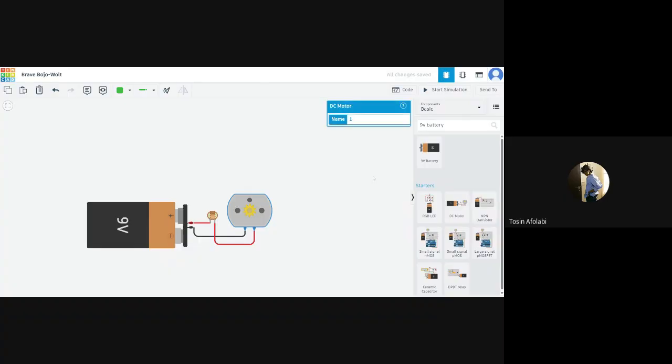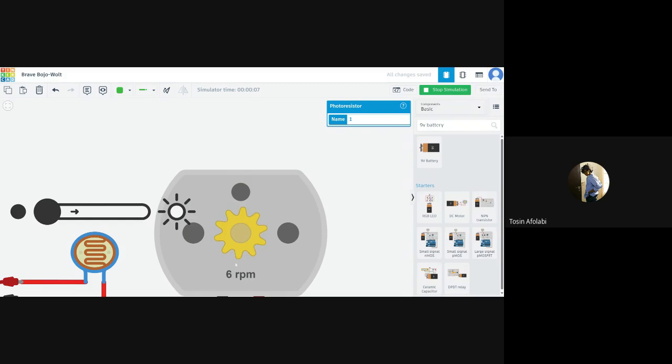Without our Arduino and everything, this is just a 9 volt battery connected to your DC motor, and we have a photoresistor. The photoresistor is the one that acts like a controller, like a switch. So there's no programmable unit, it's just a direct connection. When we start this right here, when the light is small, the rotations per minute is 6, as you can see.